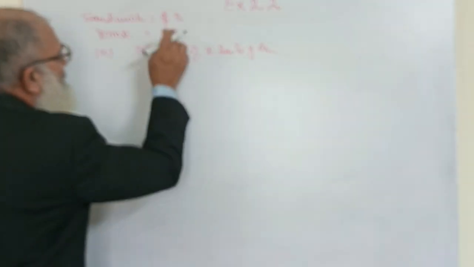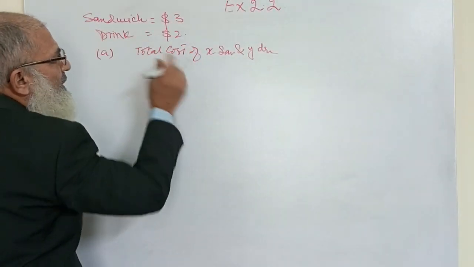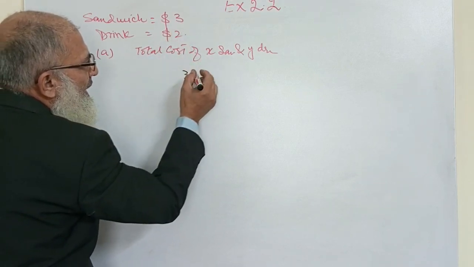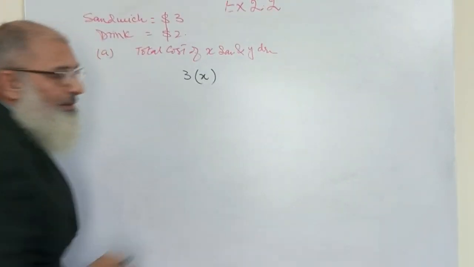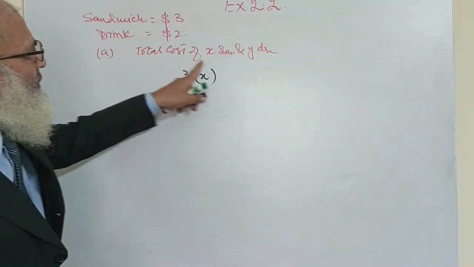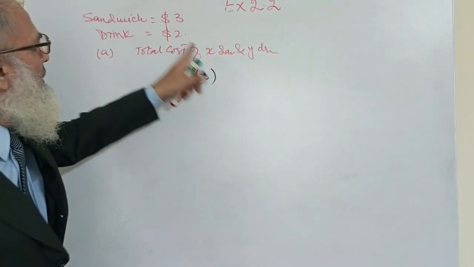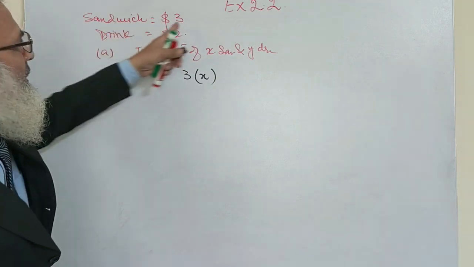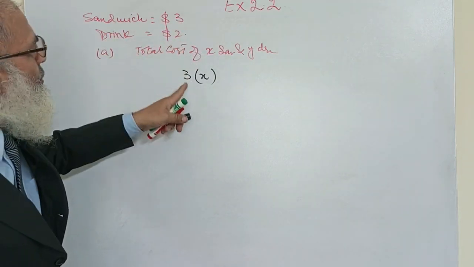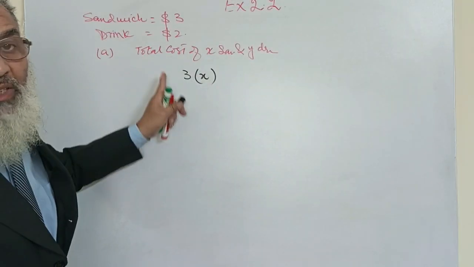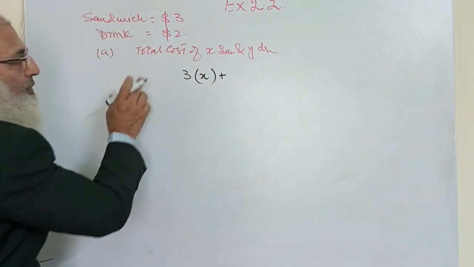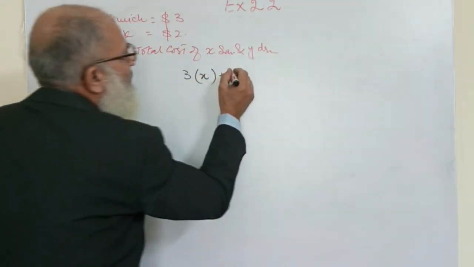Since the cost of a sandwich is $3, the total cost of sandwiches in terms of X will be 3X, and the total cost of drinks in terms of Y will be 2Y.